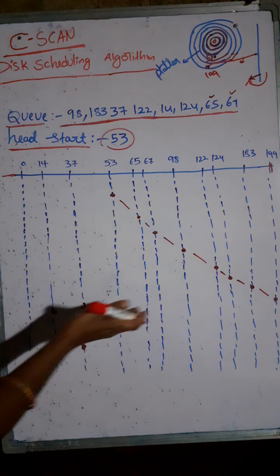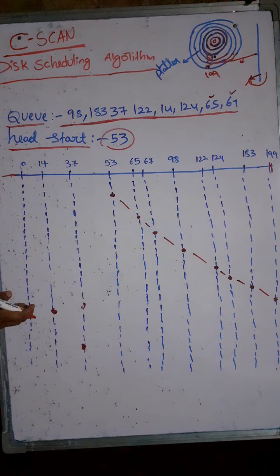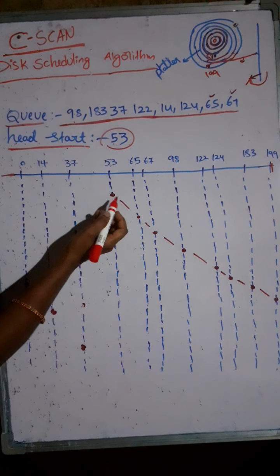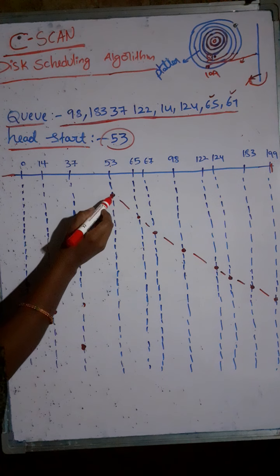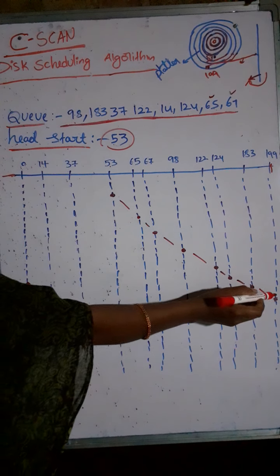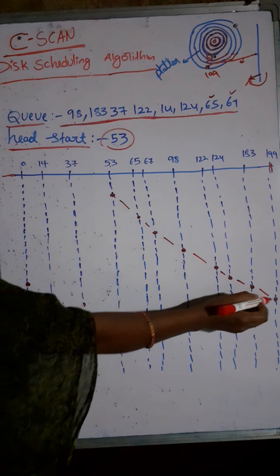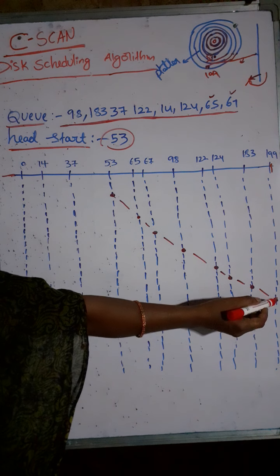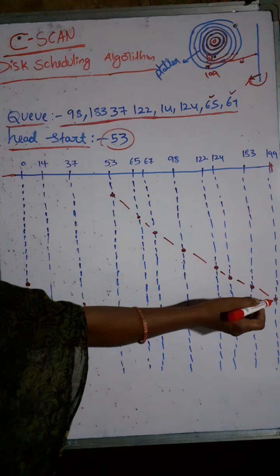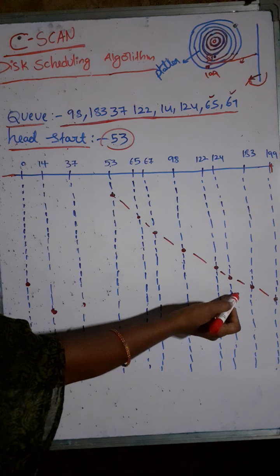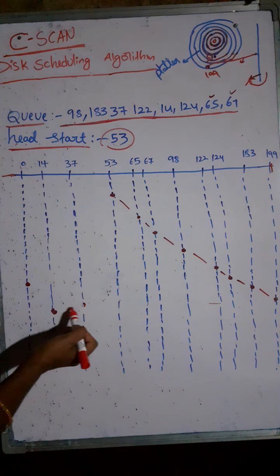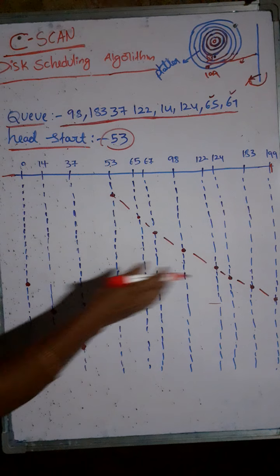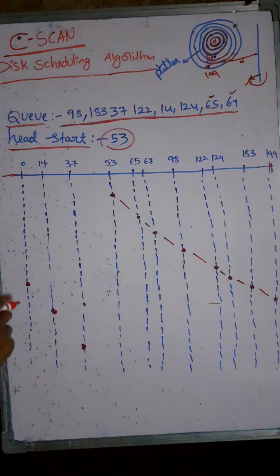While moving in this direction, it will serve these requests also. Finally it will reach 0. So the SCAN algorithm moves the disk arm in one direction serving all requests, then changes its direction and returns, serving all the requests in between 199 and 0. That is the SCAN algorithm.